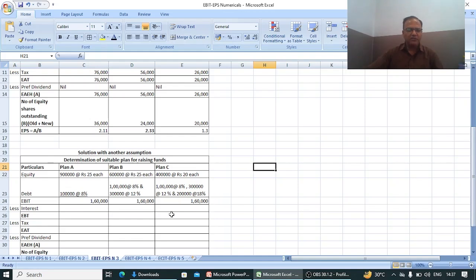We write down EBIT 160, 160, 160 in all three cases.